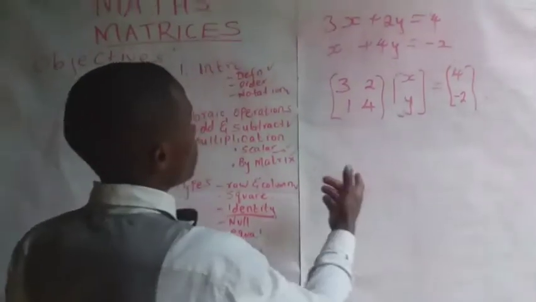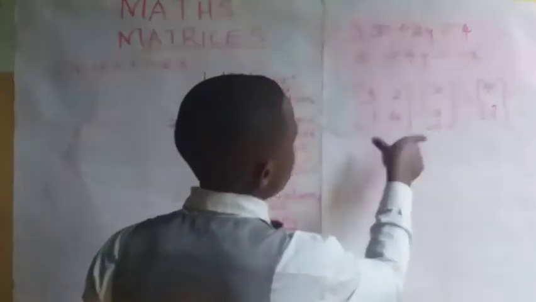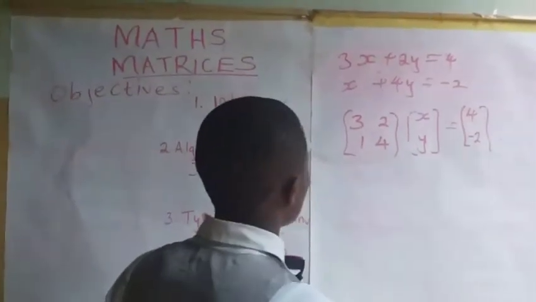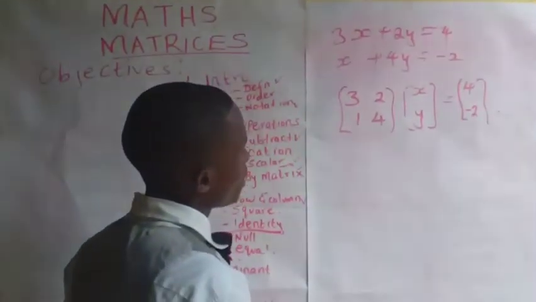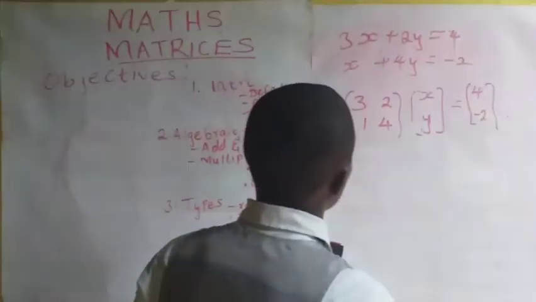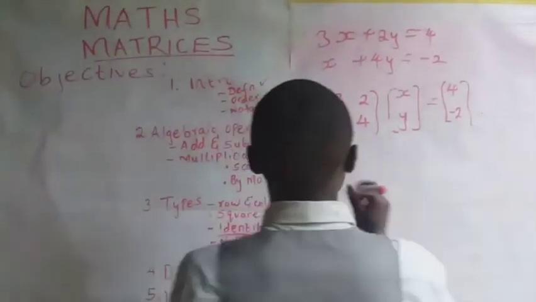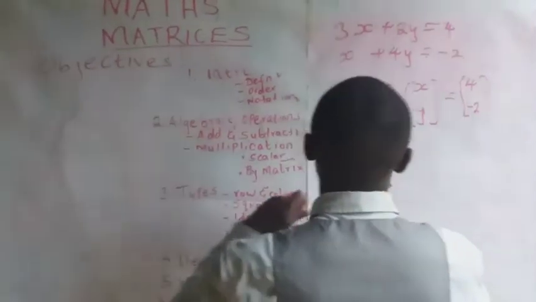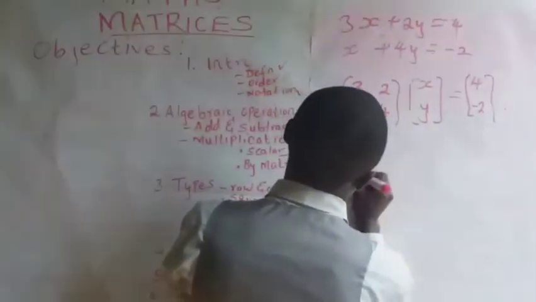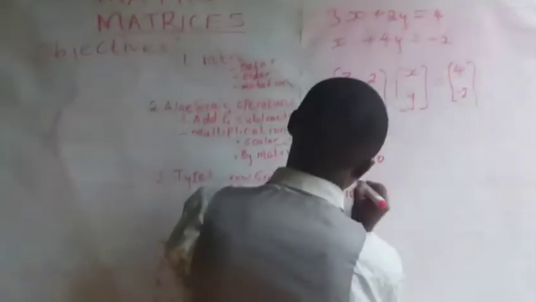So we will eliminate it by multiplying by the inverse of this matrix on both sides. You remember the inverse that we got. I used the same matrix that we used, so let's do it again. We got the inverse as 4 over 10, negative 2 over 10, negative 1 over 10, and 3 over 10.